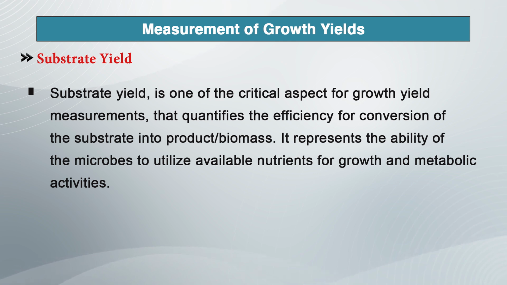Substrate yield calculations involve the ratio of biomass produced to the amount of substrate consumed, typically expressed in terms of gram of biomass per gram of substrate utilized. Again, I am repeating, it is expressed in terms of gram of biomass per gram of substrate.